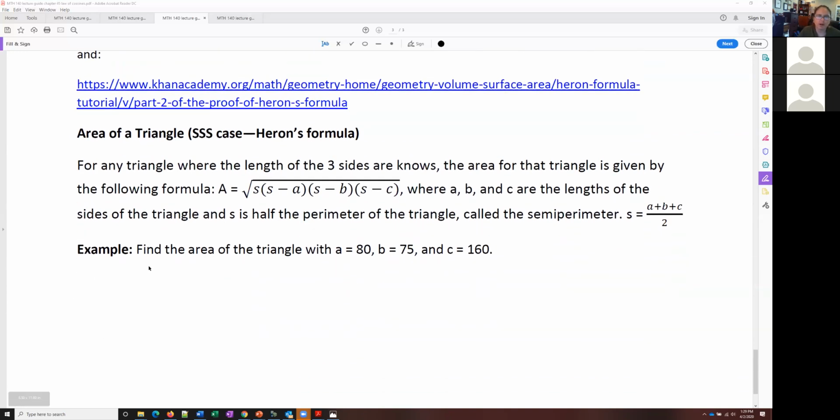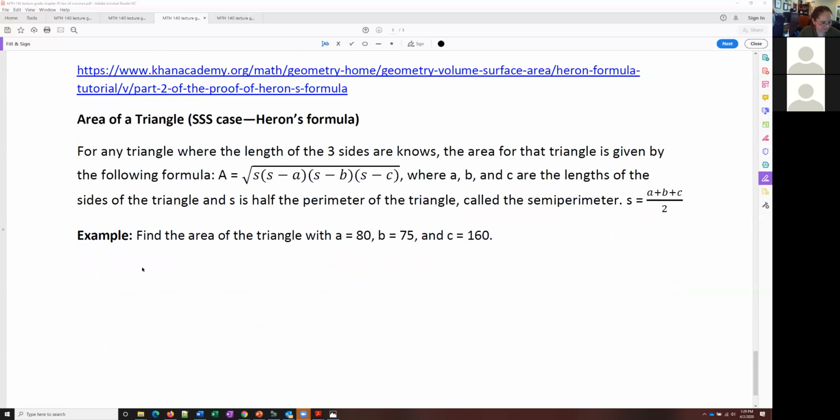So that's one example where the three sides are 80, 75, and 160. So the first thing I'm going to do is figure out what S is. So that's A plus B plus C divided by 2, which is going to give me 80 plus 75 plus 160 divided by 2. Oh, you know what? I didn't want to use those numbers.